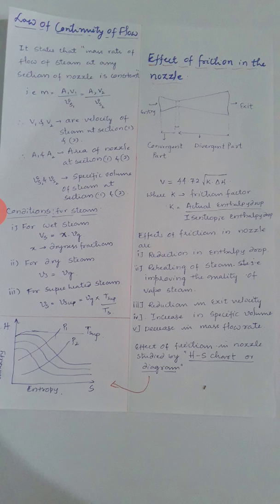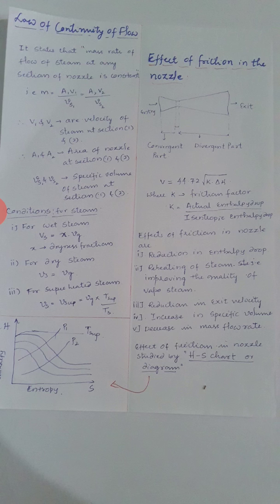Friction is an important phenomenon that creates a resistance against flow for any fluid. It is a well known fact that the effect of friction has to be studied in isentropic devices such as a nozzle. A nozzle has a convergent and a divergent part, which indicate the entry of the steam and the exit of the steam.